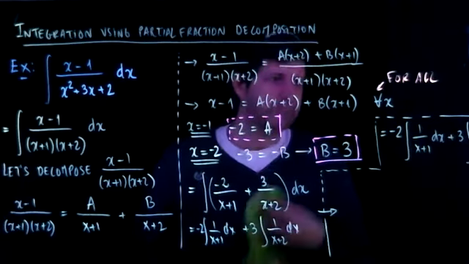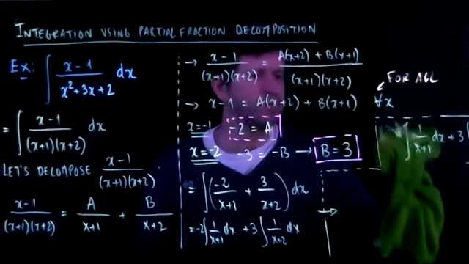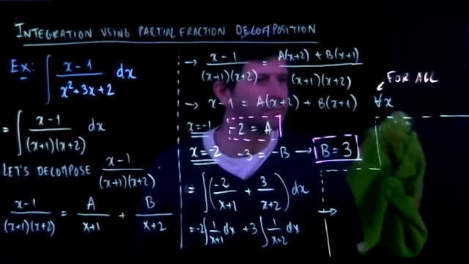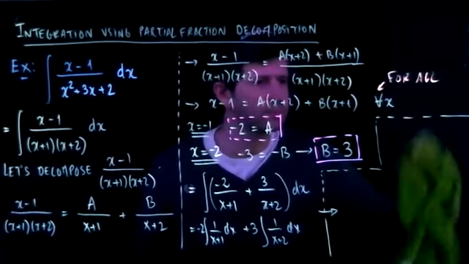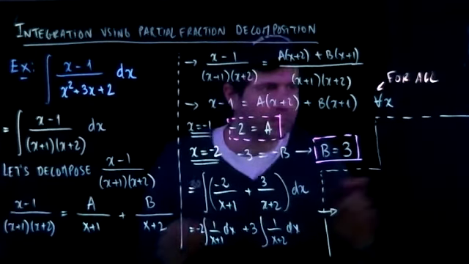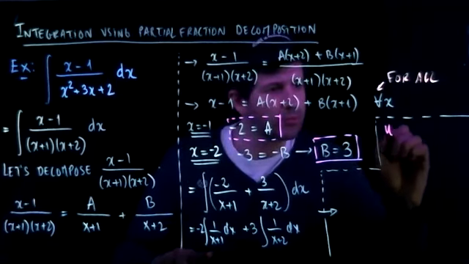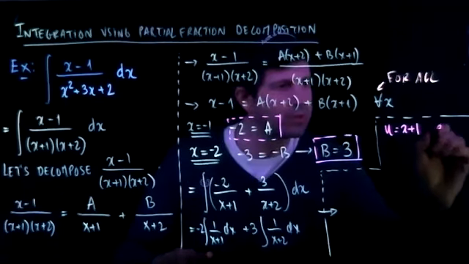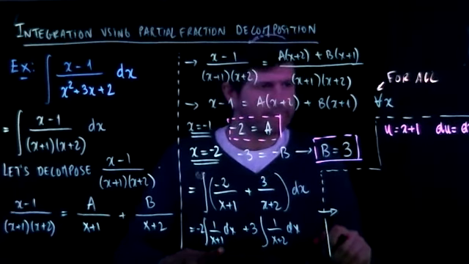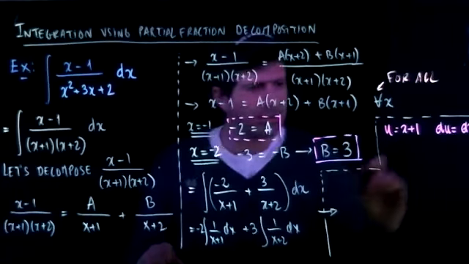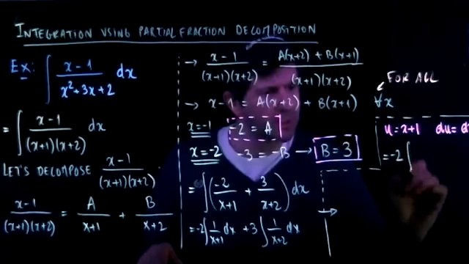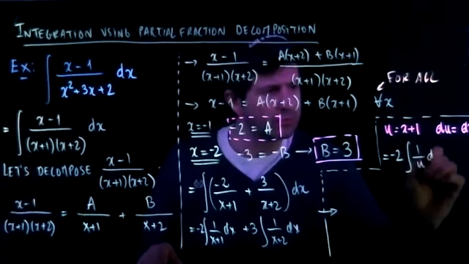This doesn't fit, so I'm going to leave this for the substitution. So I'm going to put u is x plus 1, and so du is equal to dx. That's in my first one. So I get -2 integral of 1 over u du.